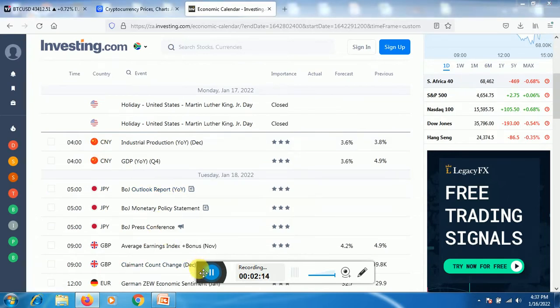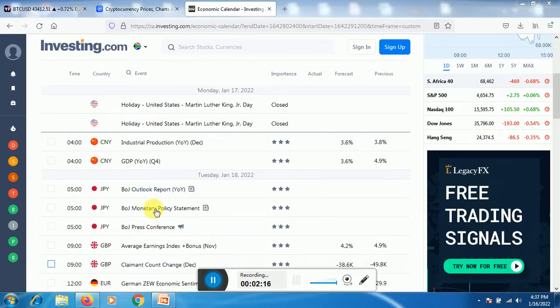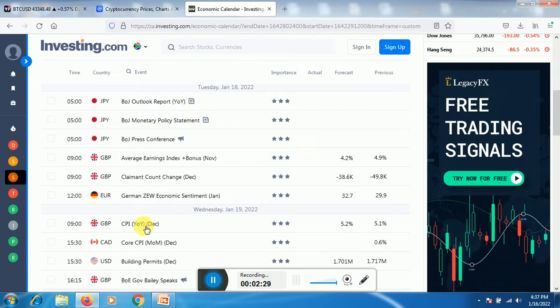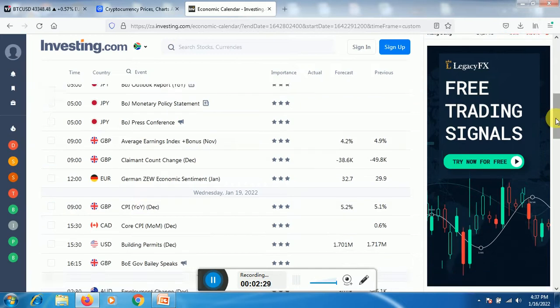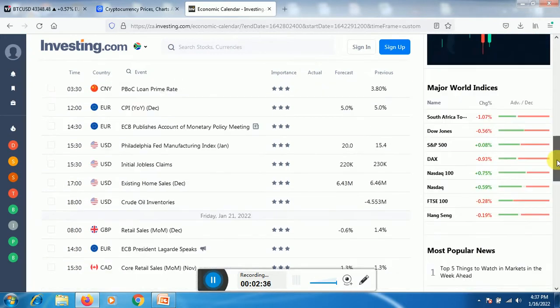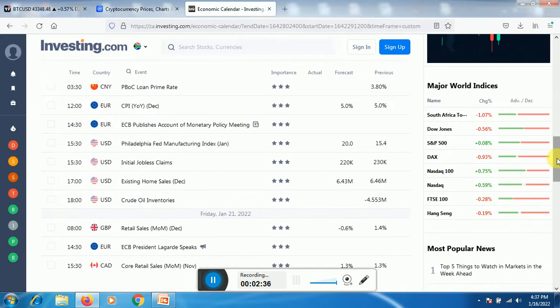Then on Tuesday, it's going to be the Bank of England talking about their monetary policy statement, and a press conference thereafter, and then there's going to be some data coming out from the GBP front and as well from the Eurozone. So it's going to be a lot of activity when it comes to economic data.